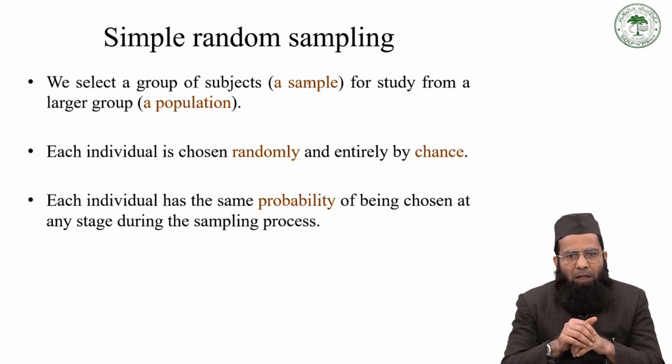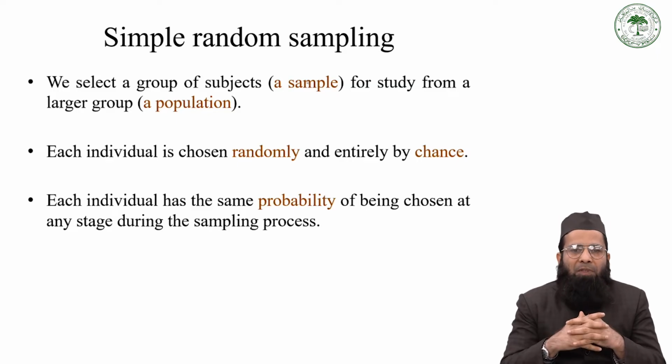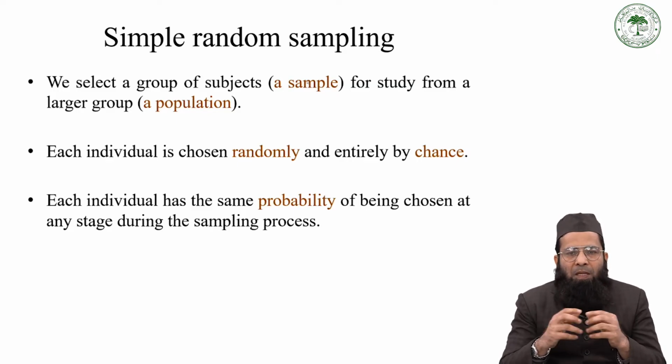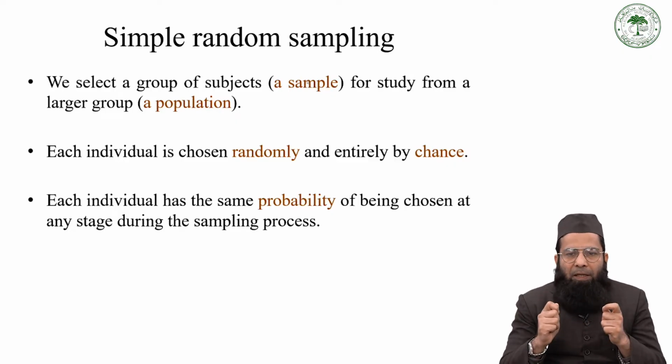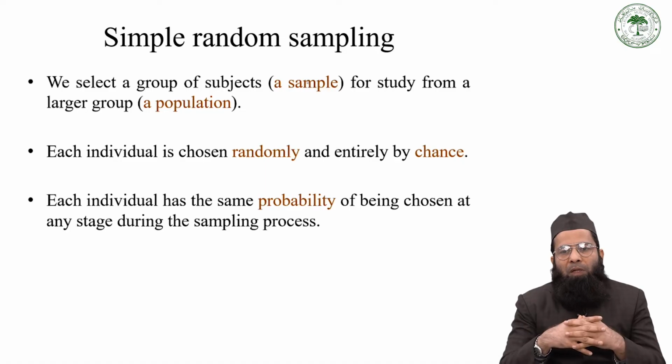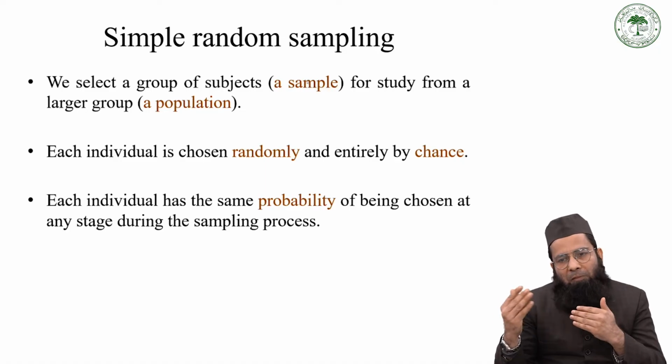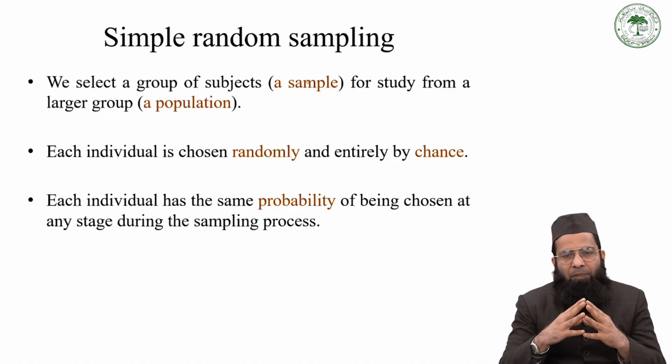The very first one is simple random sampling. Simple random sampling is the basic sampling technique where we select a group of subjects, or you could say a sample, for study from a larger group that is called a population.